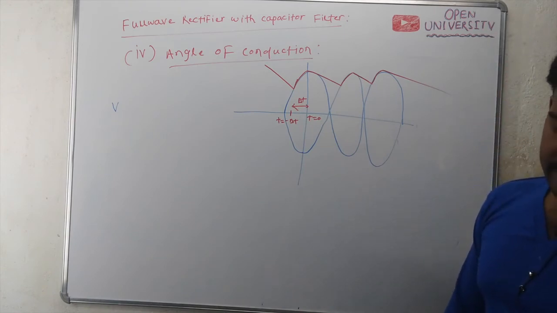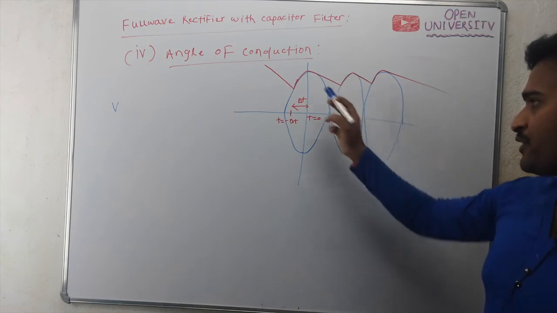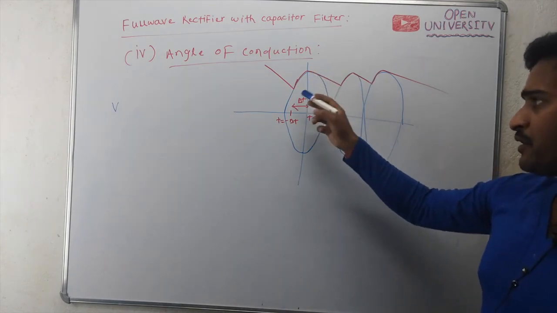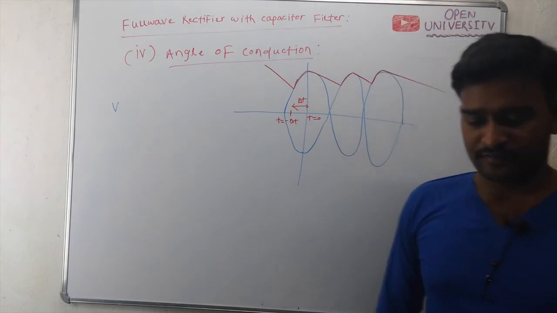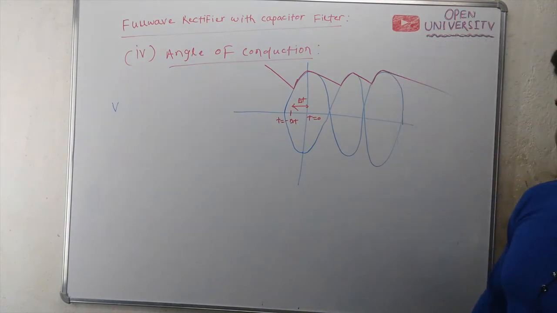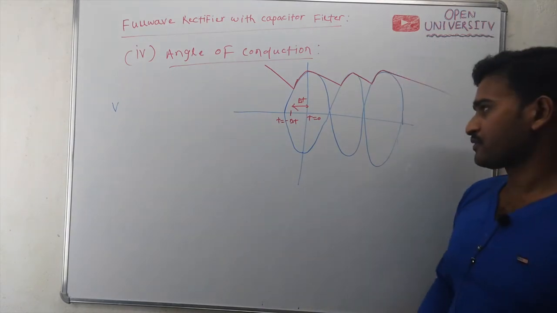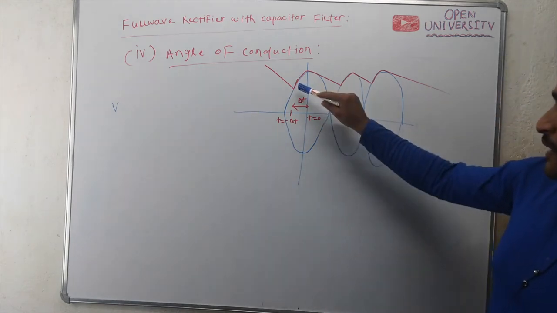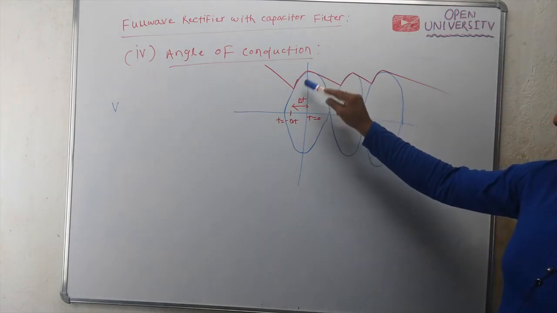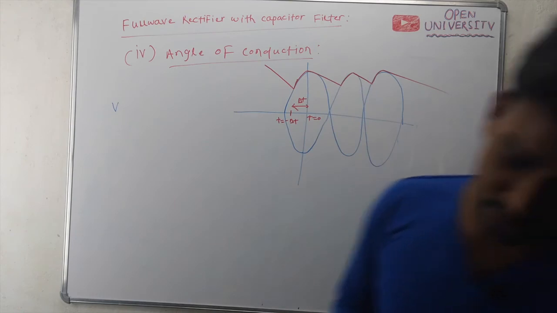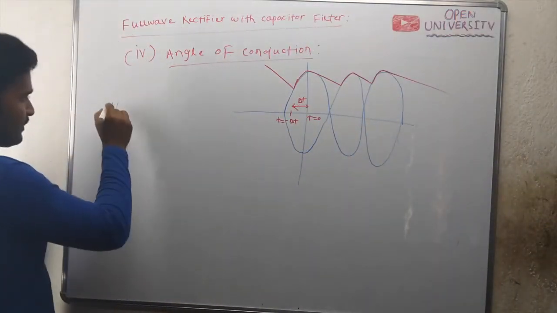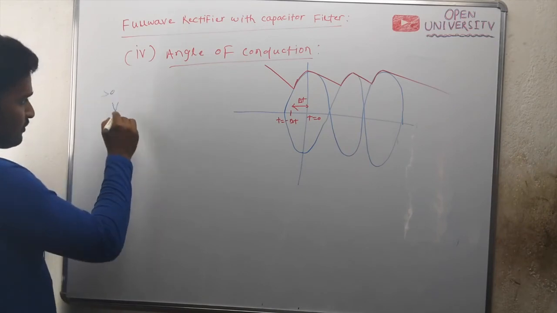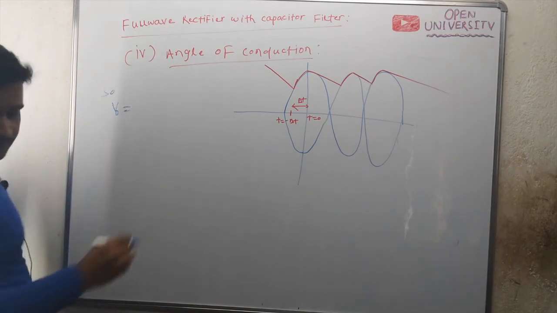Next point, during the charging interval V0 or Vc can be represented by a cosine function. In this interval I can represent the output waveform as a cosine function.